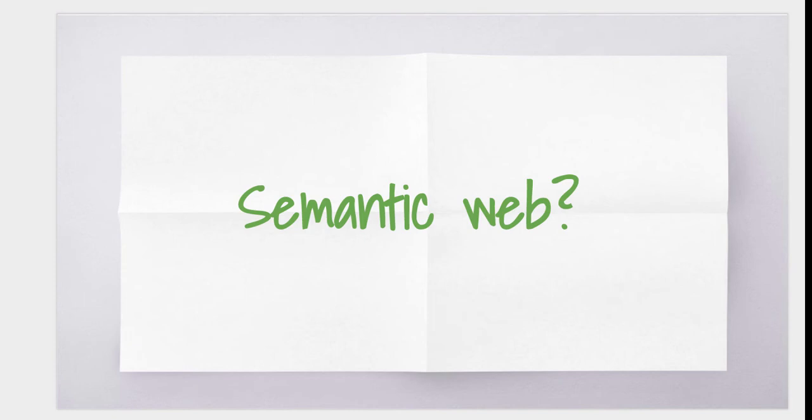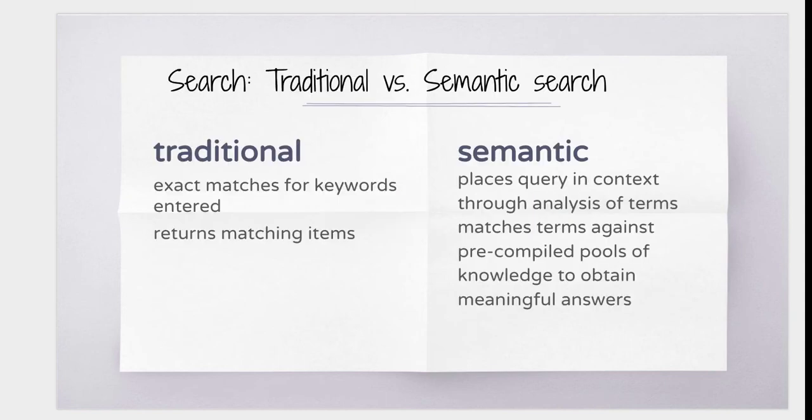Let's move from those search engines, which you are going to be looking at in your discussion, to something that people are talking about a lot recently called the semantic web. The semantic web is different from a traditional search because in traditional search, you're looking at matching, and your search result list returns matching items. To some degree, I'm going to have you think about which of the tools I talked about earlier look at semantic search. But semantic search places your query in context.